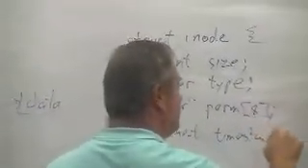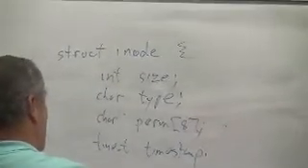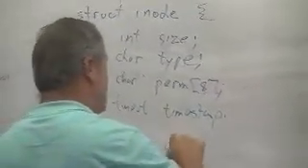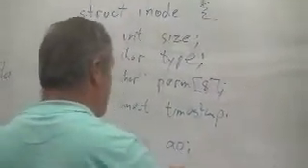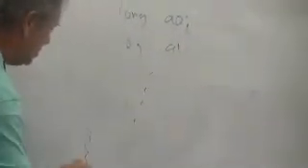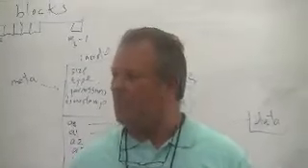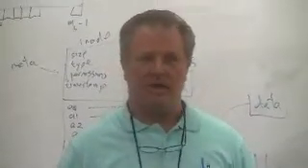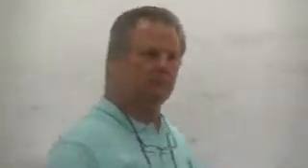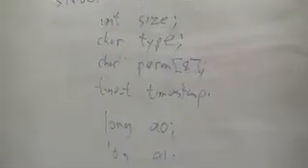Time T timestamp. Long A0. Long A1. And the structure, right? Something like that. A record type. Okay? Looks just like this, doesn't it? Except now I've mapped it onto something that looks like C.